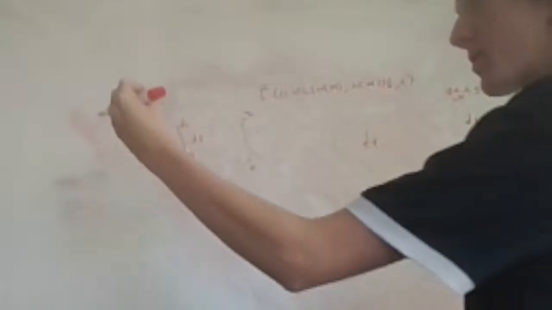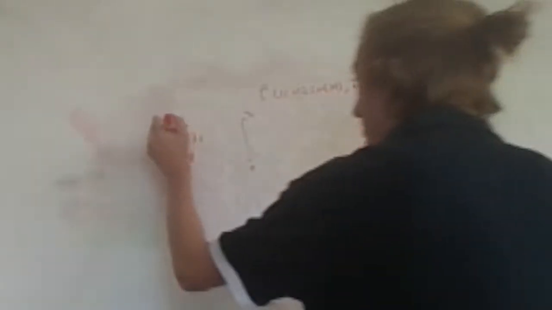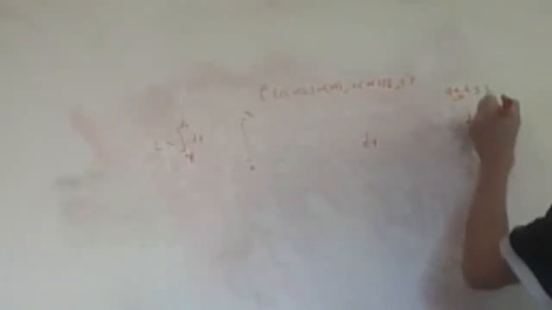Because if you add up, here's an arc length, here's an arc length, here's an arc length, add them all up, then that should work. I think that's how you find the total length of the curve. So now ds is going to be a square root.